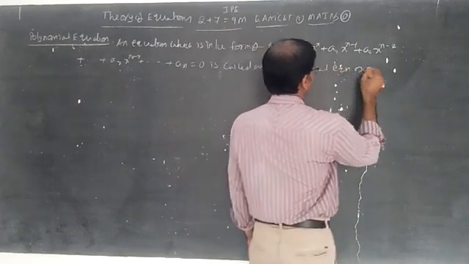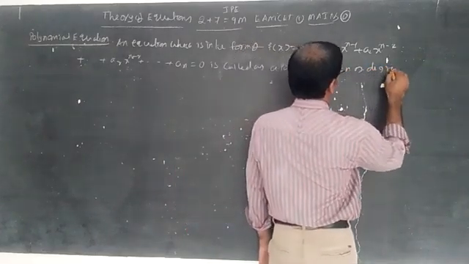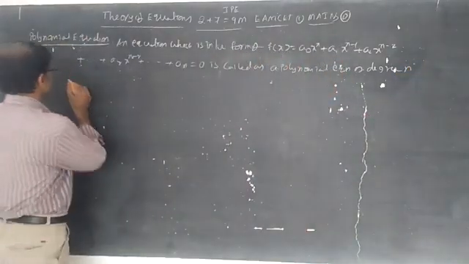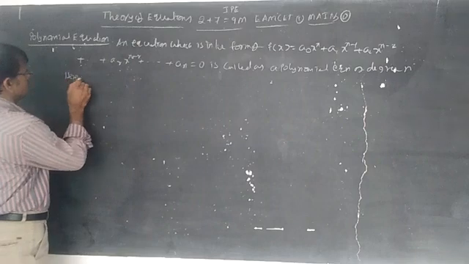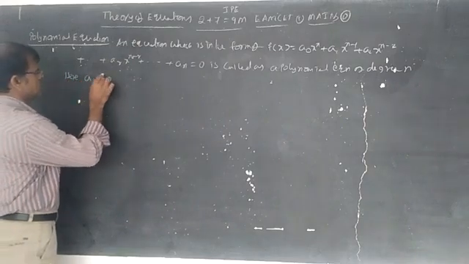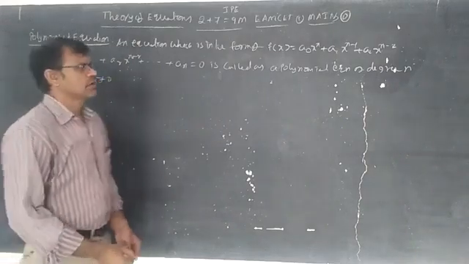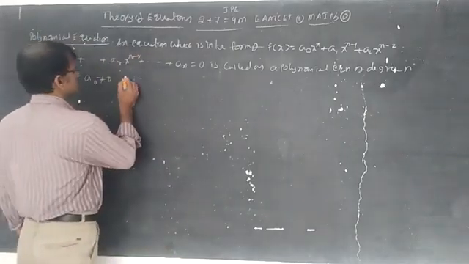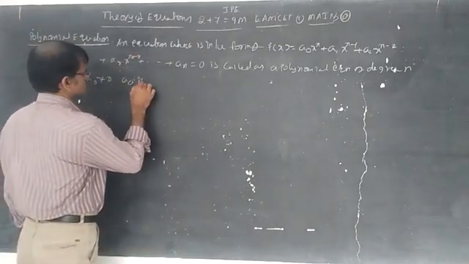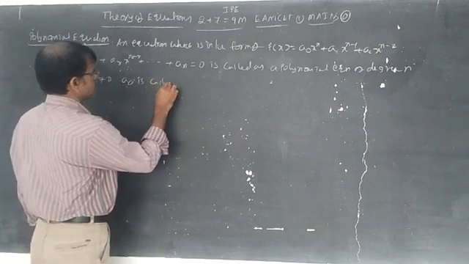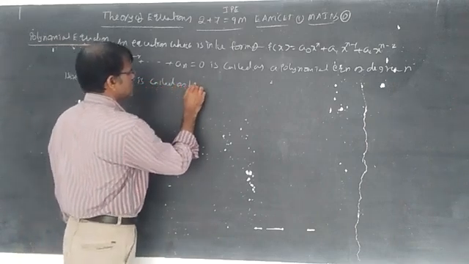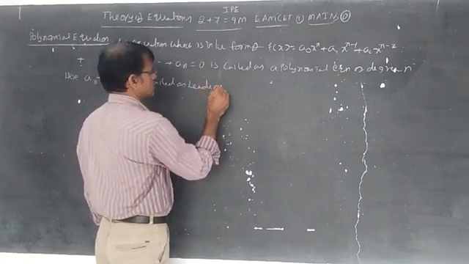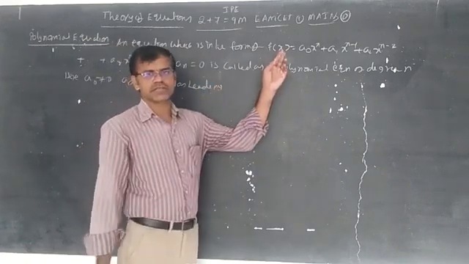A polynomial equation of degree n. Here a naught not equal to 0 and a1, a2 so on may be real or complex numbers. A naught is called the leading coefficient. So x power n is the greatest degree.